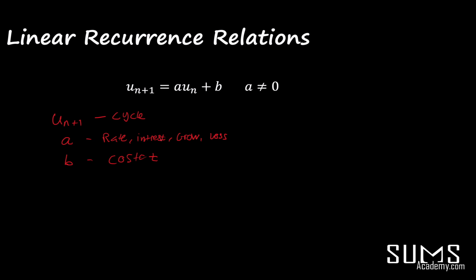You might notice that this follows the same equation as the line, y equals mx plus c. And for these equations to work, you can't have a equals 0, because that would just be u n plus 1 equals b, where nothing's changing because there's no rate, no increase, no loss. That just wouldn't make sense.